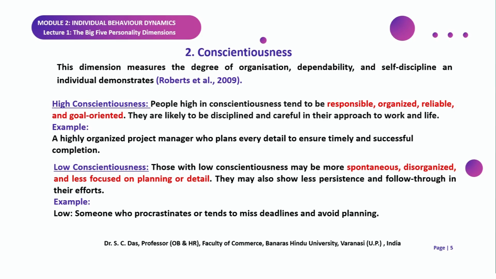Those with low conscientiousness may be more spontaneous, disorganized, less focused on planning or detail. That means the level of your self-discipline defines this trait. If you are at a high level, you will be responsible and organized and you can manage on your own. A low level of conscientiousness means you may be disorganized, you may not focus on a particular context or issue. Your concentration will be very low.